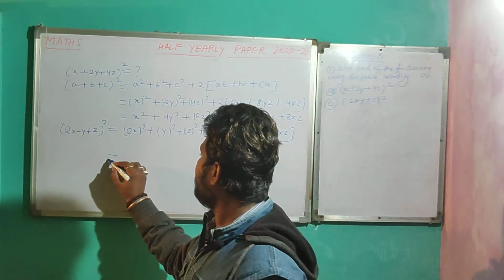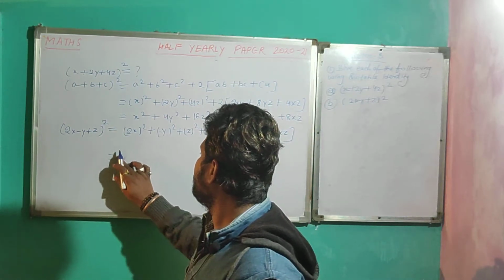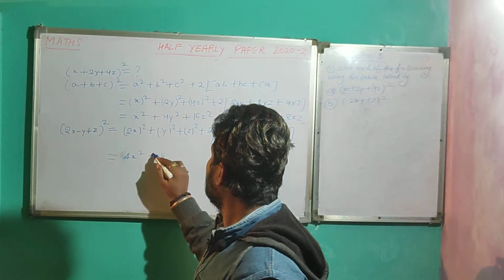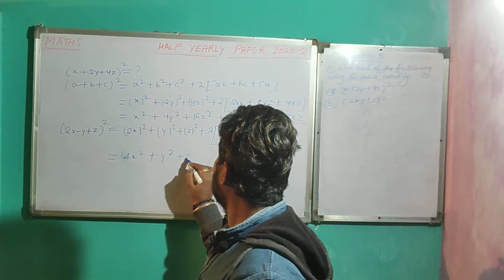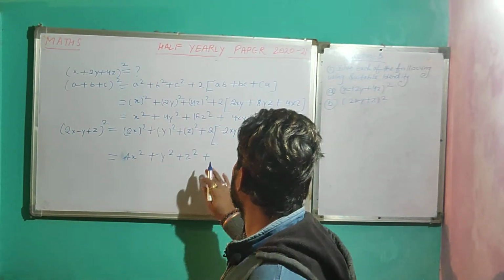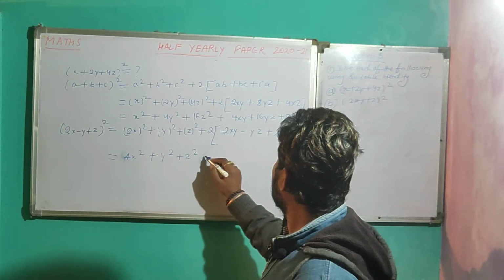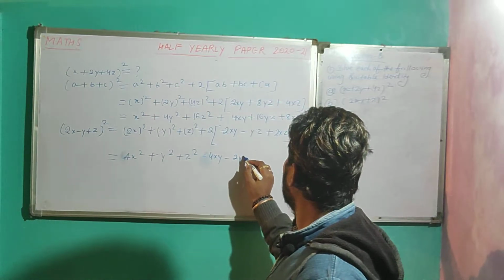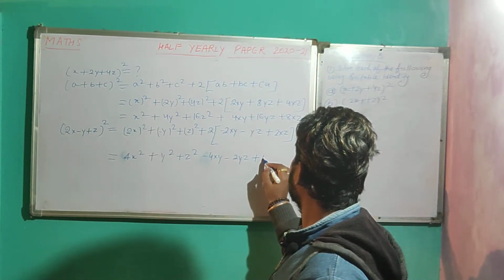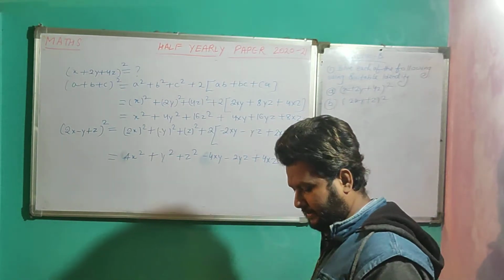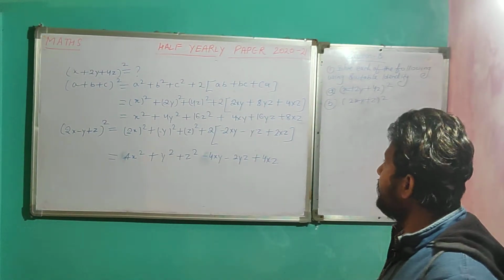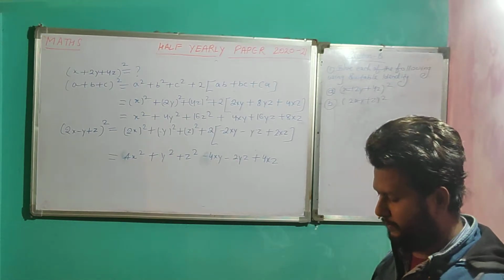Solving further, 4x square plus y square plus z square minus 4xy minus 2yz plus 4xz. Okay, so this was the solution of this question.